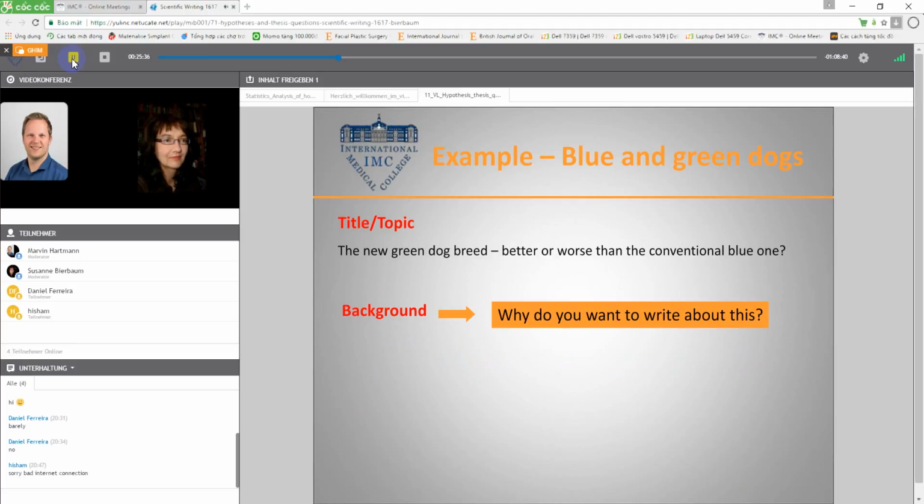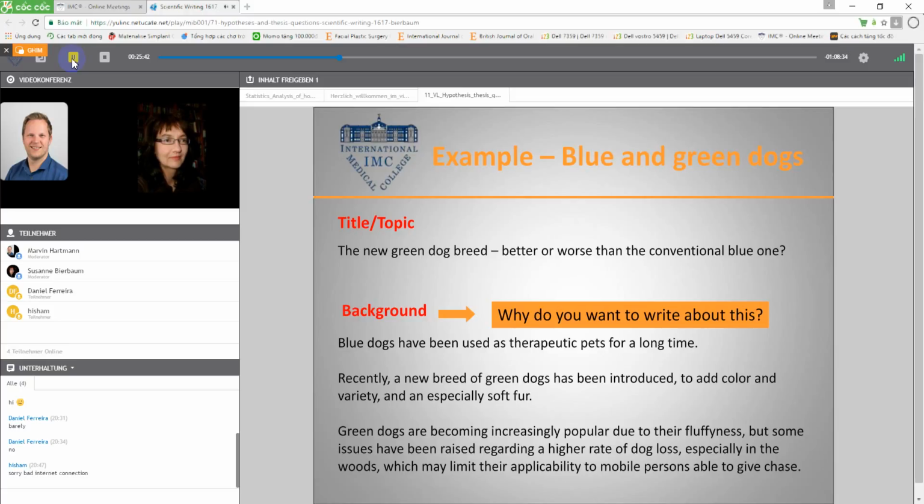In some outlines, you'll see that later. There's a point that says background. Background means, it's basically the start of the introduction later. But what it means is for you to think about why is this question important? What led up to this question? Yes, a bit of a rationale for your question. Maybe the blue ones have been used for a long time.